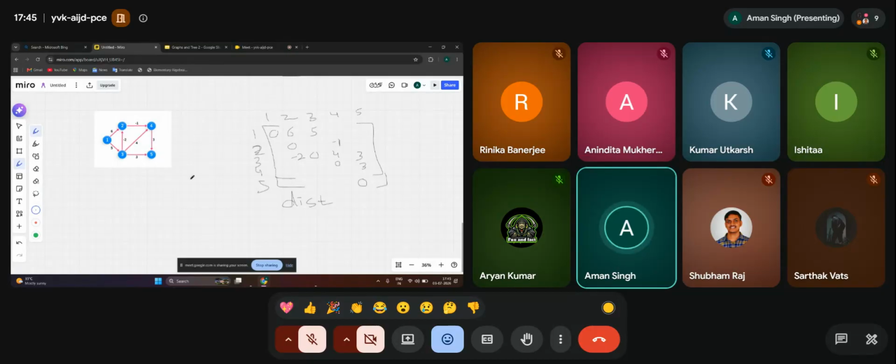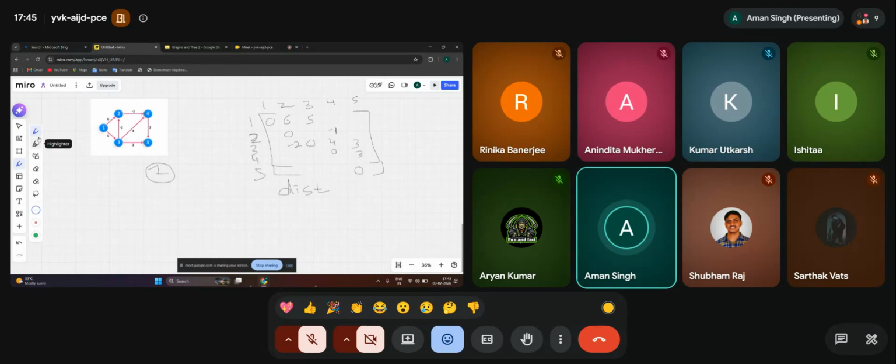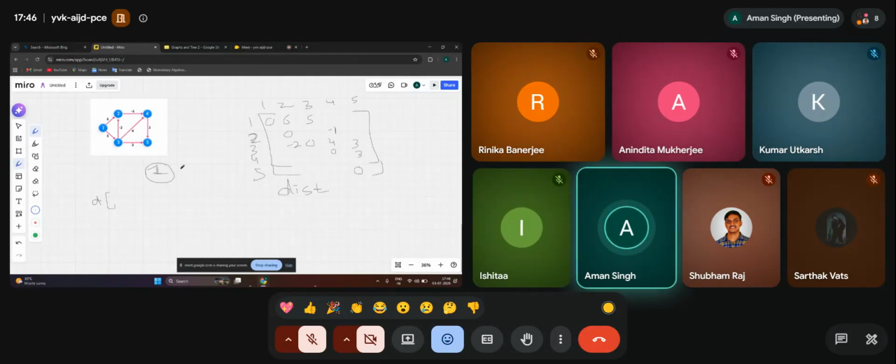Suppose here I want to check that can every node go via one, we consider every pair of nodes and check if visiting via one helps. So for this, let me just do a dry run. If I want to go via 1, what I do is check the distance of 1 to 1 via 1, right?